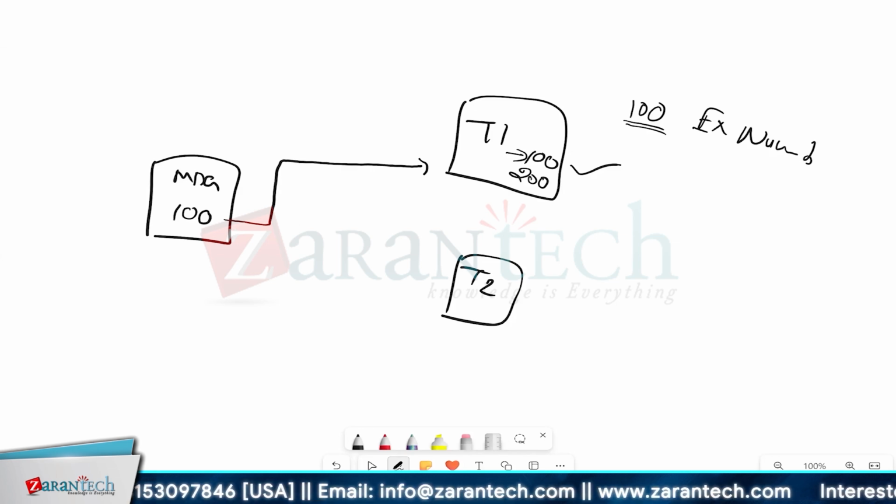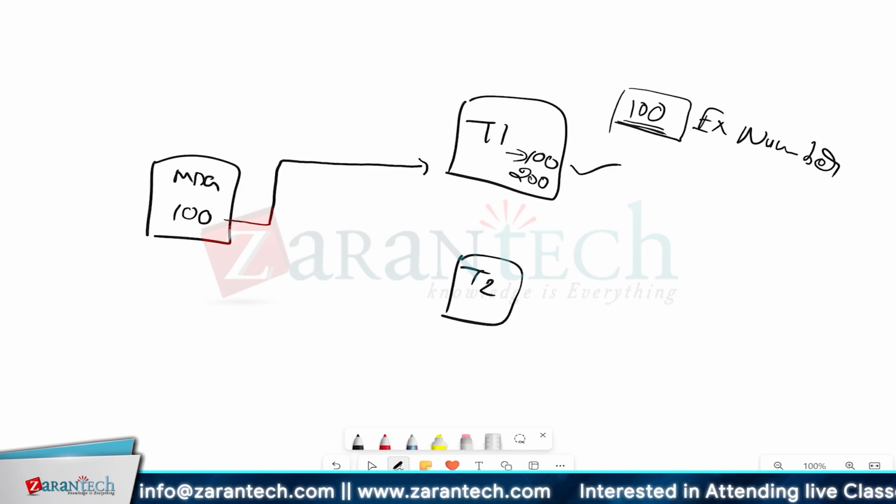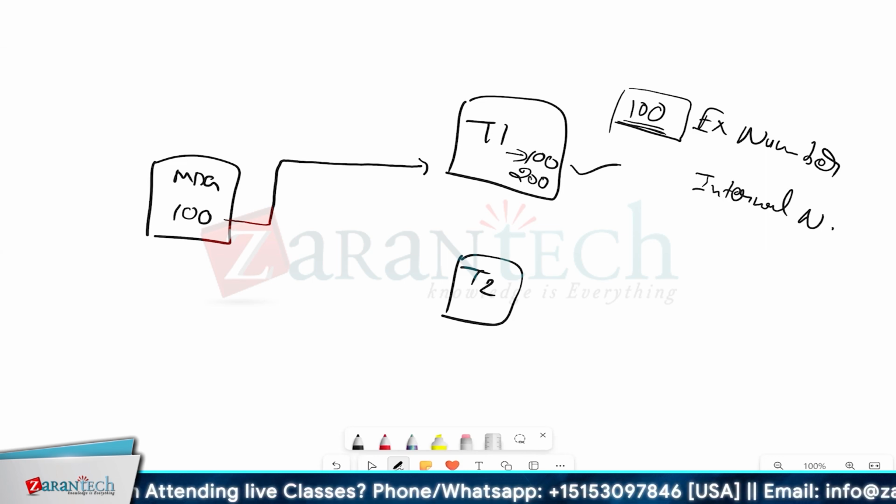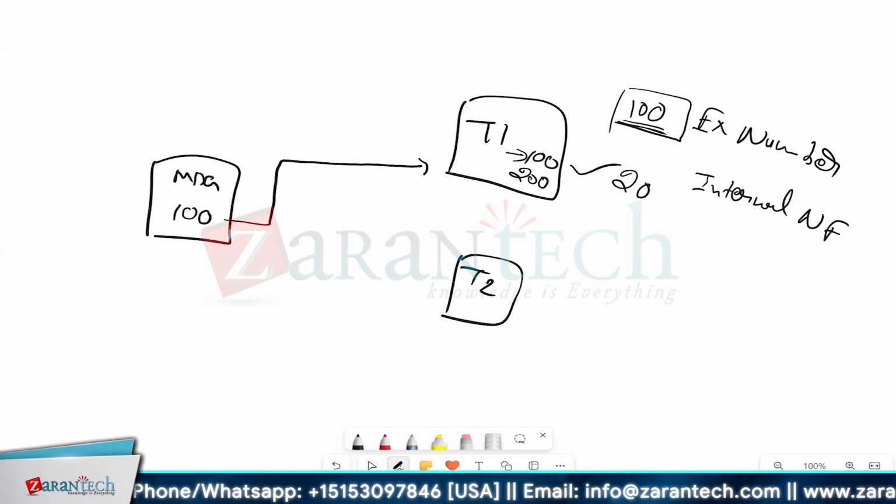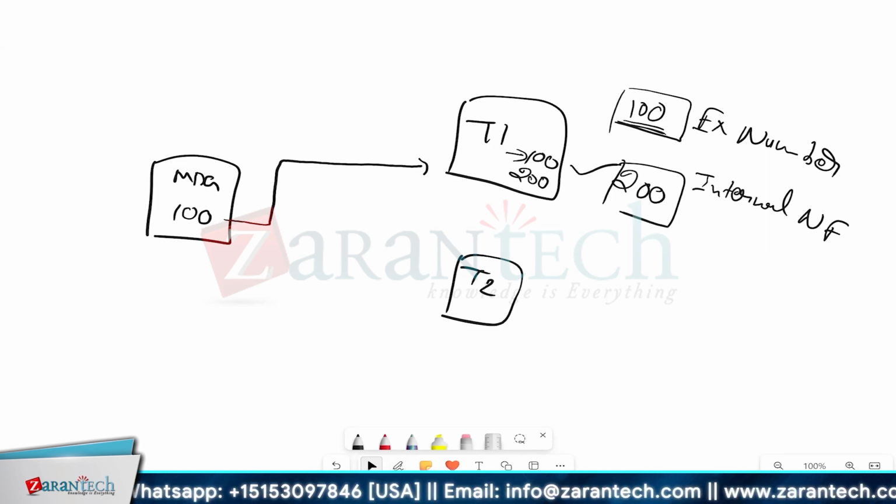Then whatever comes from the MDG, the system will create the material with the same number in the target system. The other case is if it is configured as an internal number range in the target system. That means the system will ignore the material number 100 that you are sending, and it will create its own material with its own number.